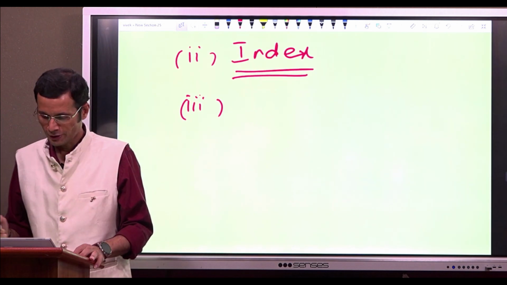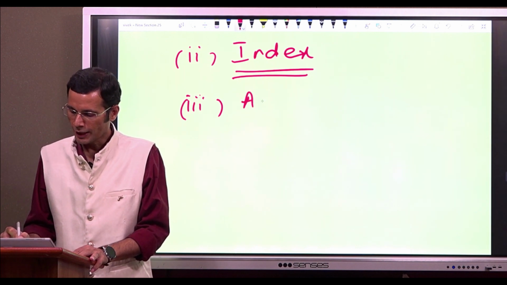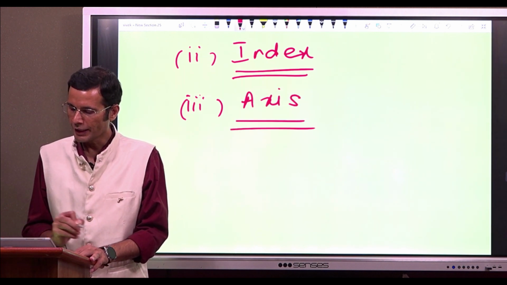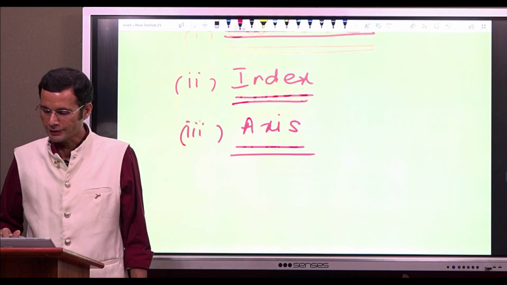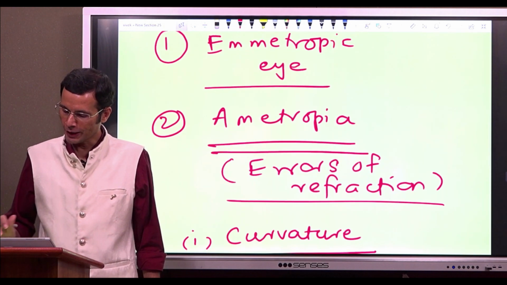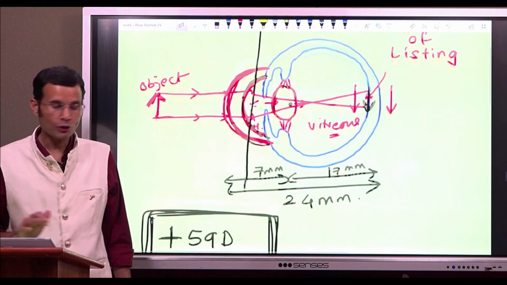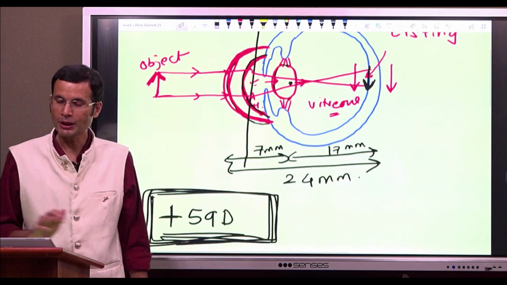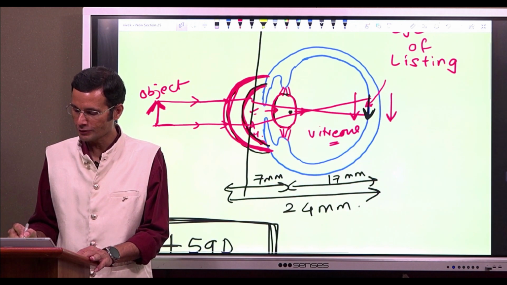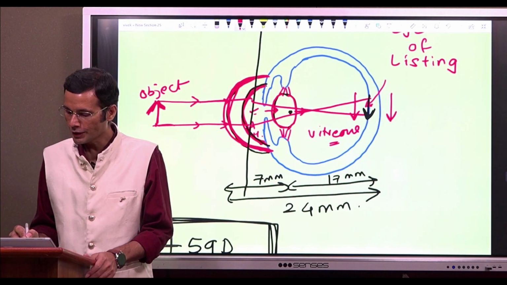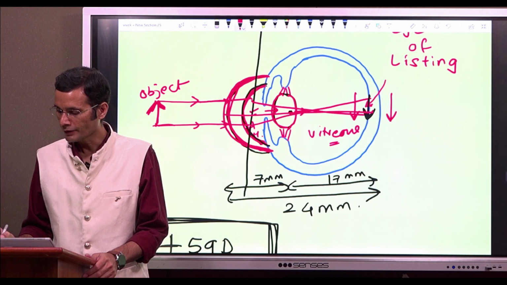And the third one is axis ametropia, or error of refraction because of something wrong with the axis. Now this is the axis, the visual axis from the cornea, and this is the retina.